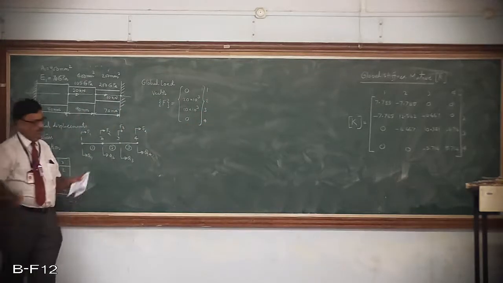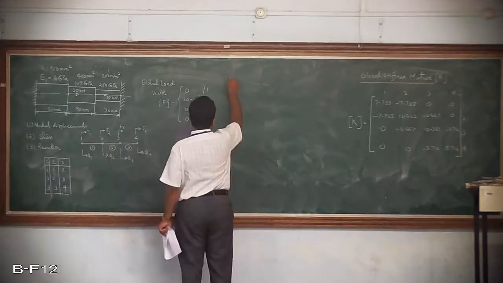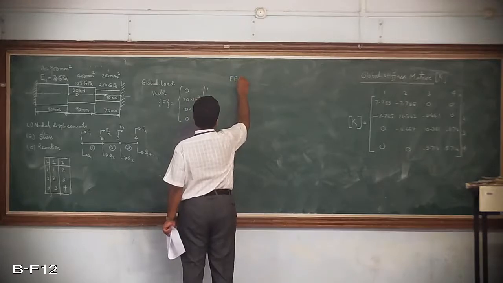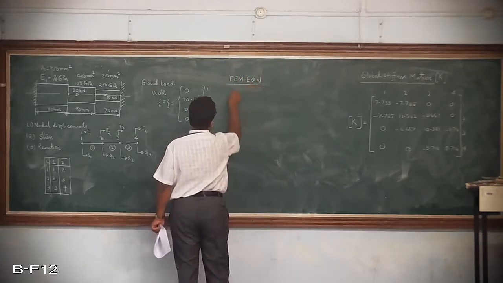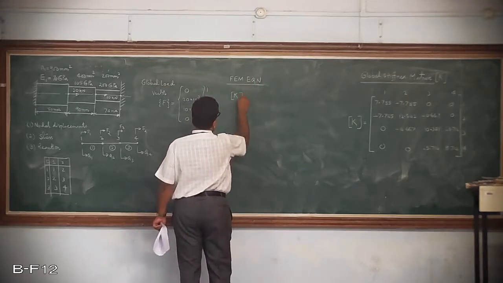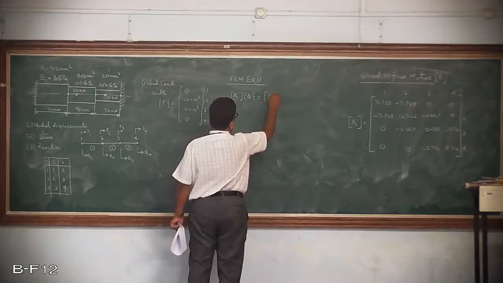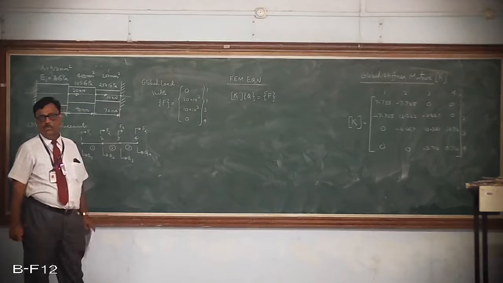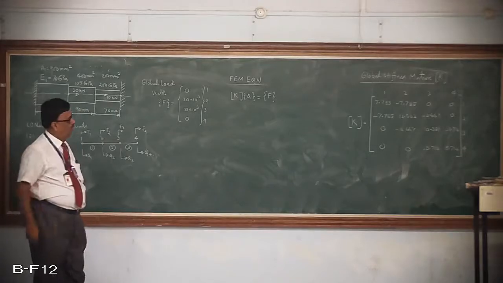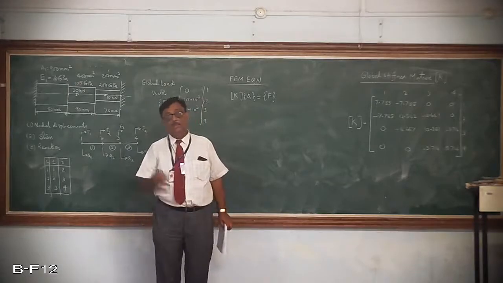Now once we know that, we are already aware that the FEM equation for solving this is always going to be KQ is equal to F. So first let us write this, and then later on we substitute the boundary condition, and using one of the methods, let us say this problem we will solve by the elimination approach first.